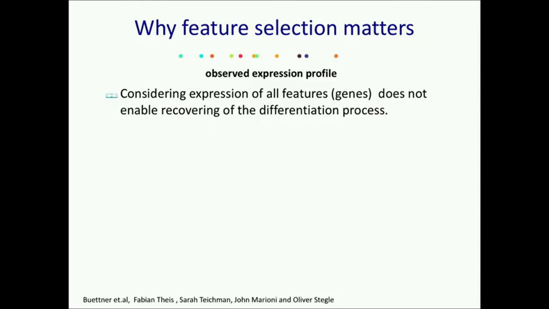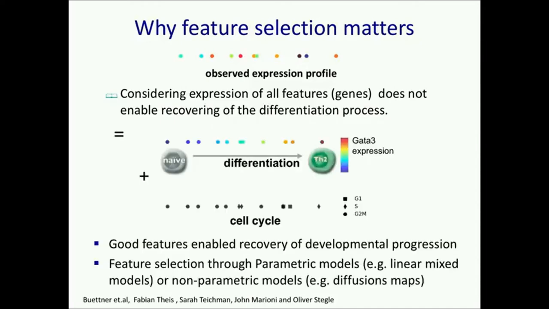And what John, Ollie, and Sarah did is they actually tried to decompose the 2 continuous factors that were at play here. The differentiation process, the one that they were more interested in, and the cell cycle process, which is not noise, it's not artifact, it's a different type of biology, which was less relevant to the questions they were asking.